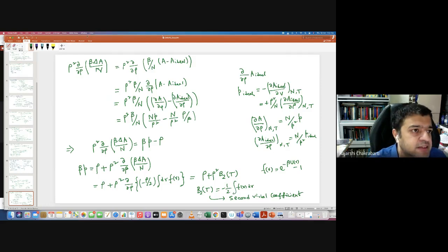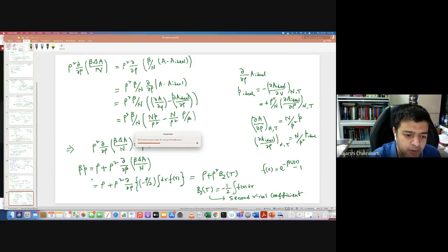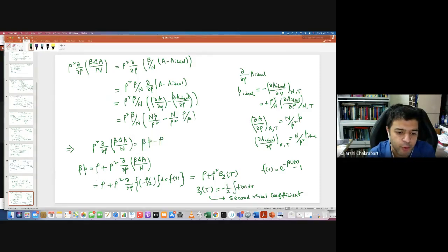So you can check the algebra. I don't think it is a problem. My pressure I can express as, basically, beta p is rho plus rho square B2(t).